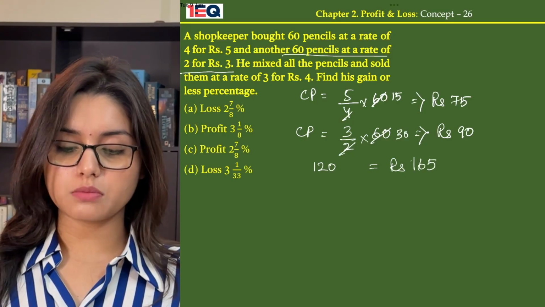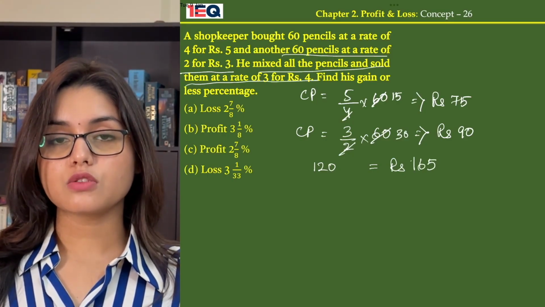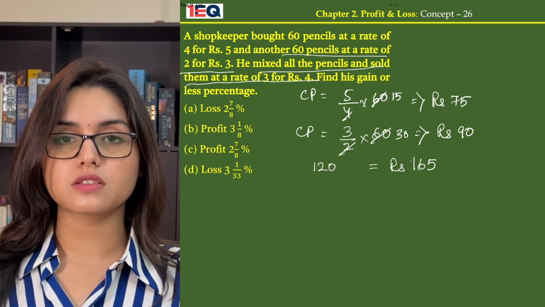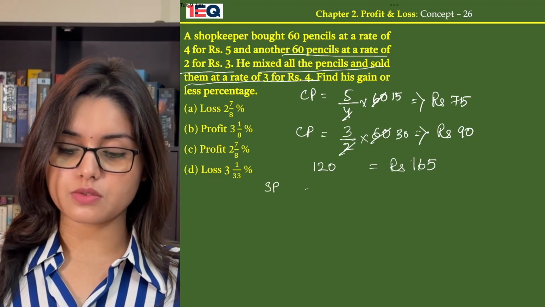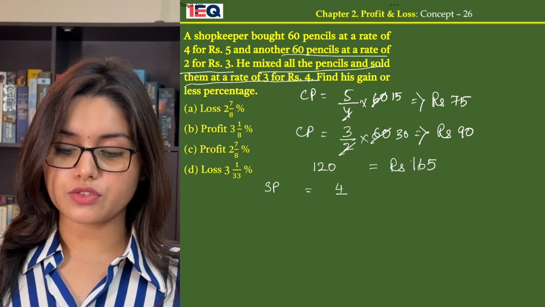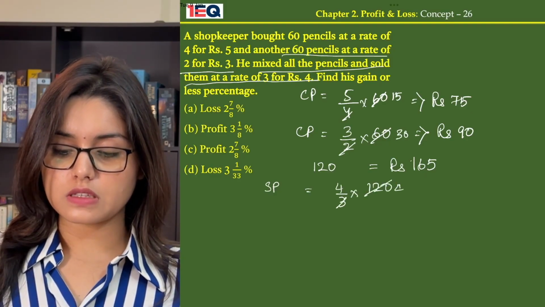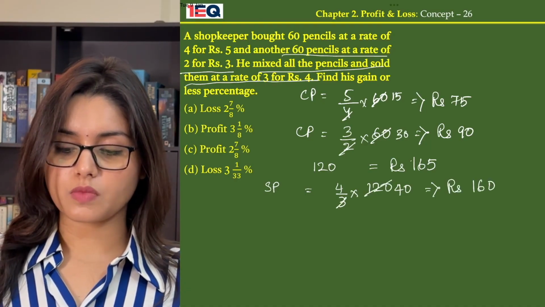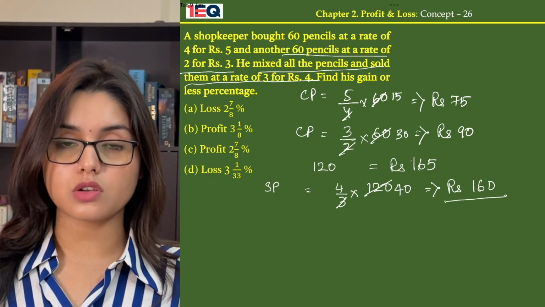Now he then later mixed all the pencils and sold them at a rate of 3 for rupees 4. That means he sold one pencil for rupees 4 by 3. So the selling price of 120 pencils will be 4 by 3 into 120, 40, which is rupees 160. Now since our selling price is less than the cost price, there was a loss.